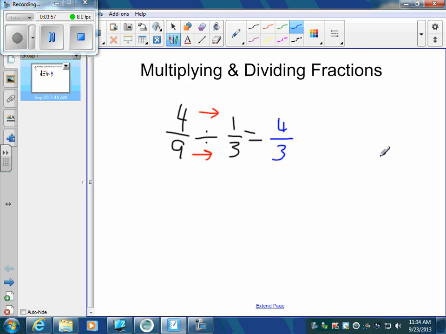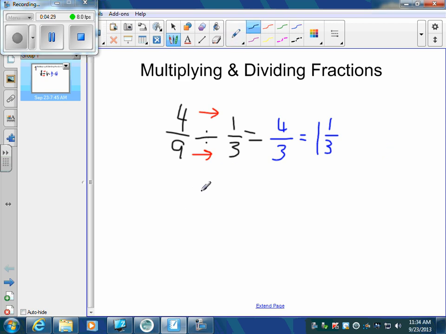So again, if it works, you can divide the numbers. And I have 4/3. But can I keep it as 4/3? I need to simplify it. So now I want to change this improper fraction to a proper fraction. 3 goes into 4 one whole time with 1 left over, and we always keep the denominator. So my final answer is 1 1/3.